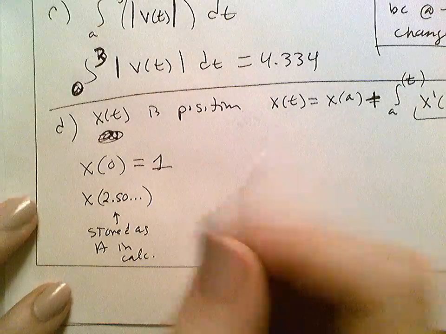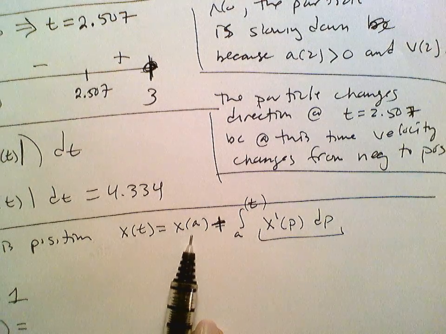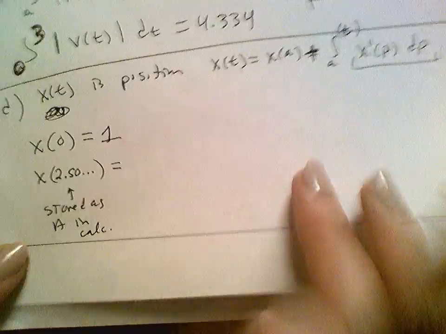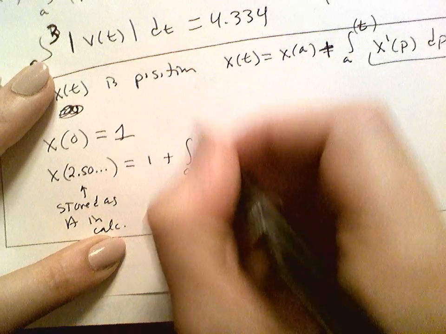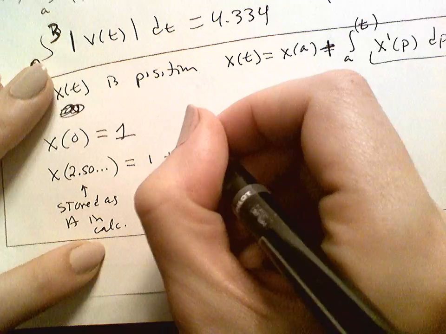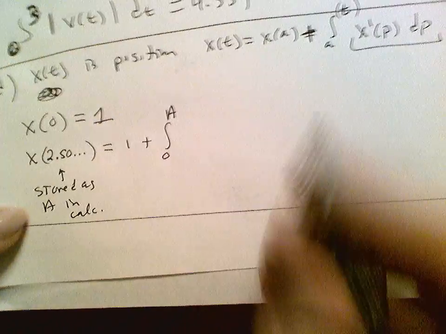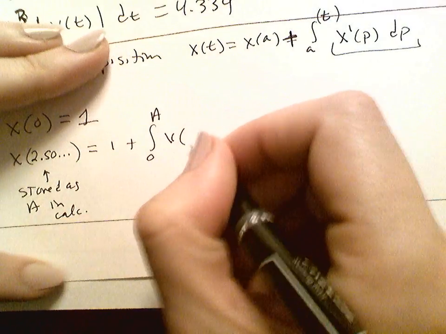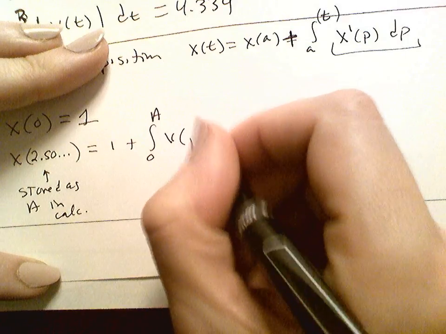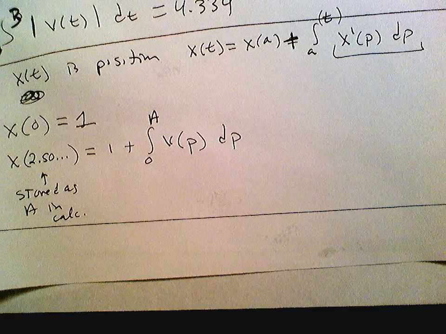So this is going to be equal to x of 0, which is 1, plus the integral from 0 to a. Those inputs have to be the same. And then x prime is velocity, so I go v of p dp. I'm just using the formula as I wrote it up there.